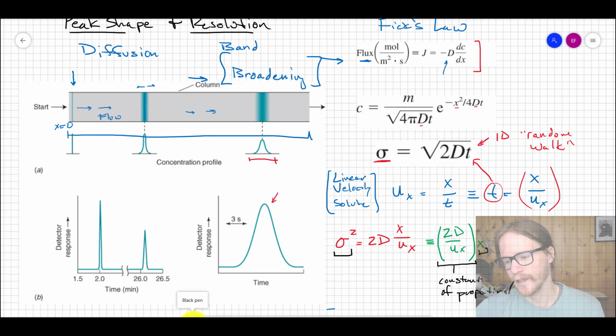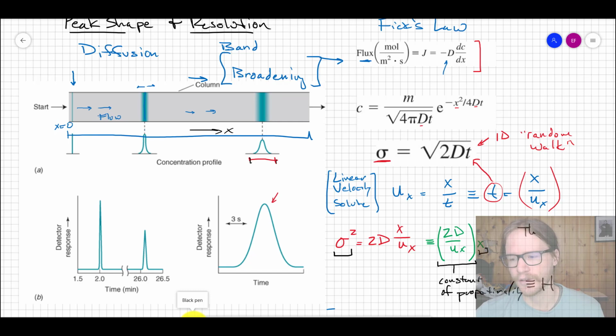Well, in certain fields this has different meanings, but in terms of separation, as we think about how bands broaden out as they move along the path of separation x here, in separations we call this constant of proportionality the theoretical plate height, and it gets this letter H to signify it.